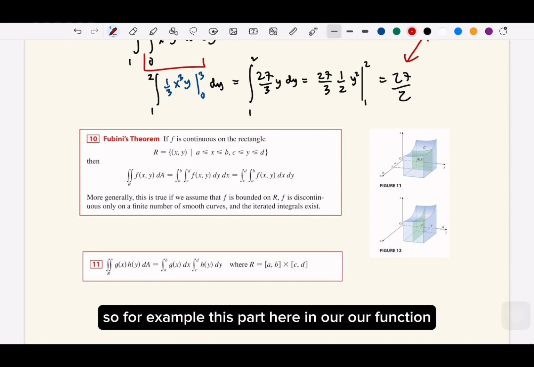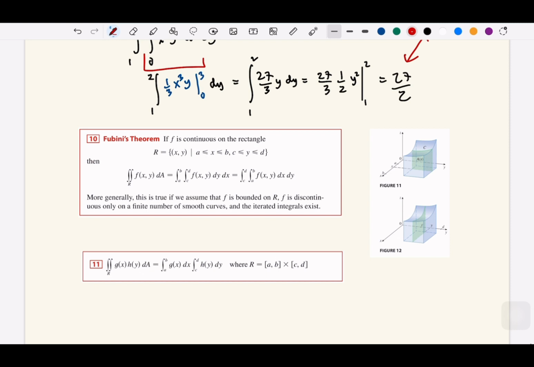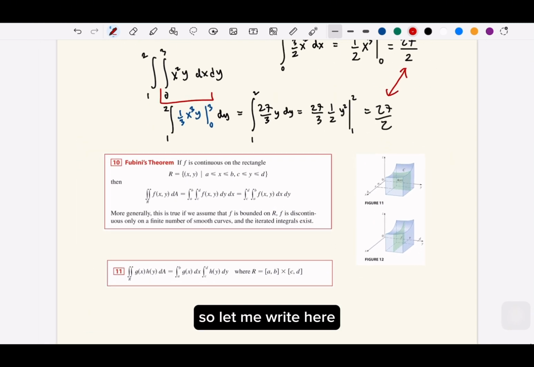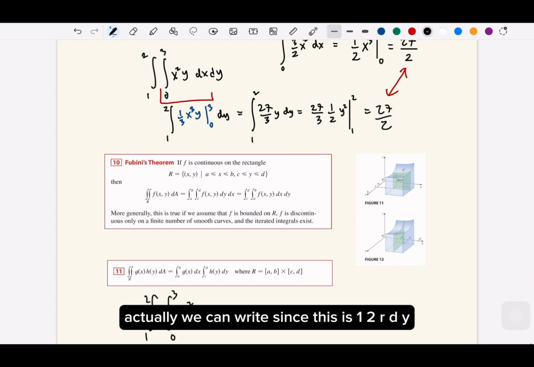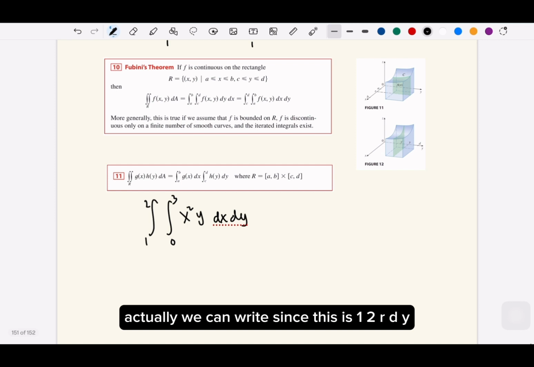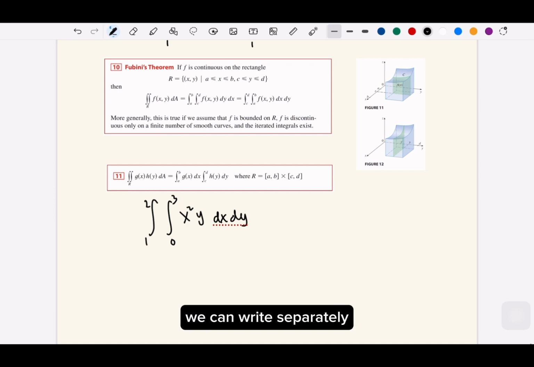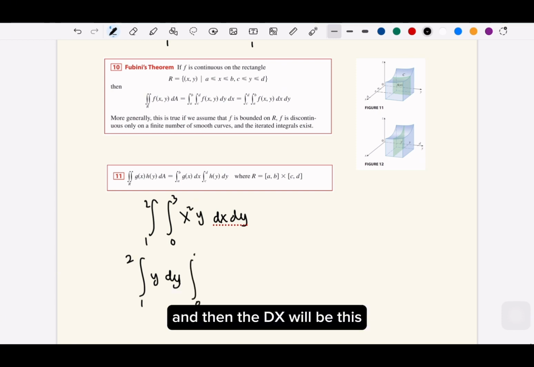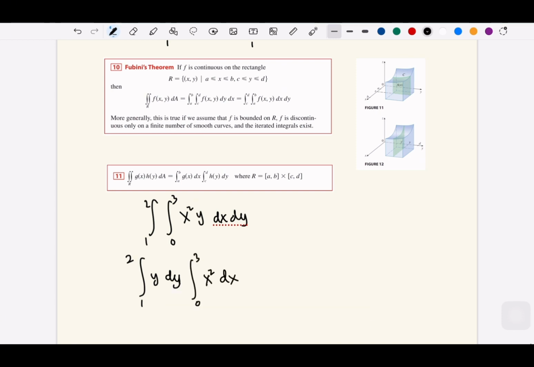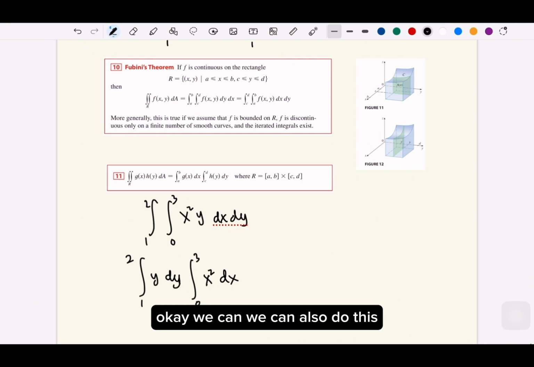So let me write here, for x squared y, we can write separately: the integral from 1 to 2 of y dy, and then the integral of x squared dx.